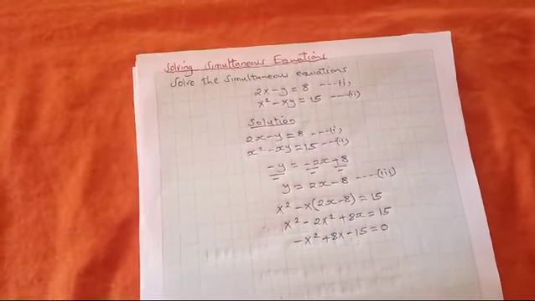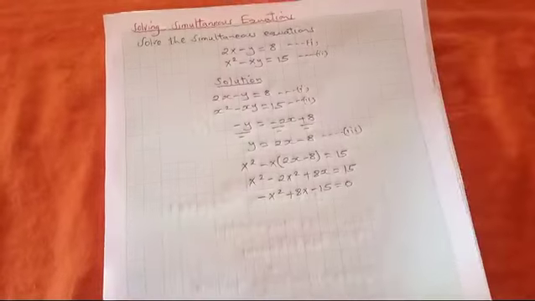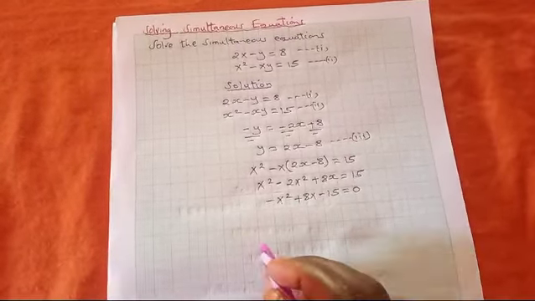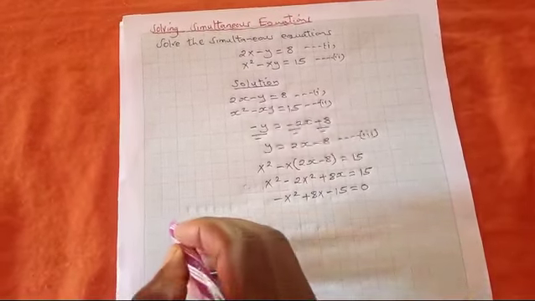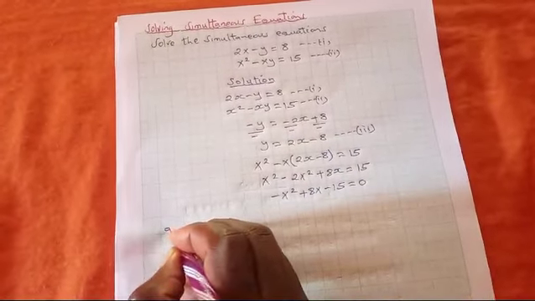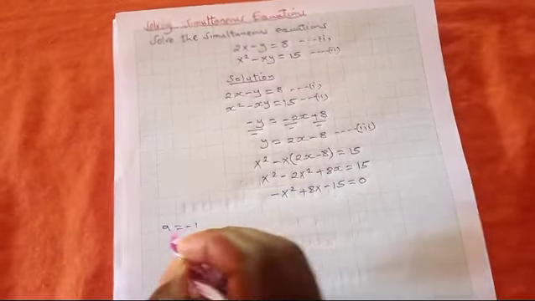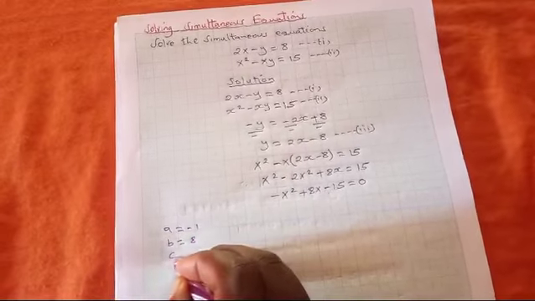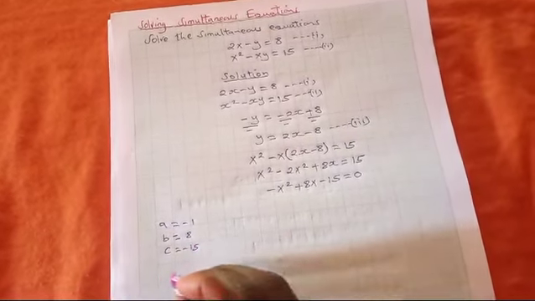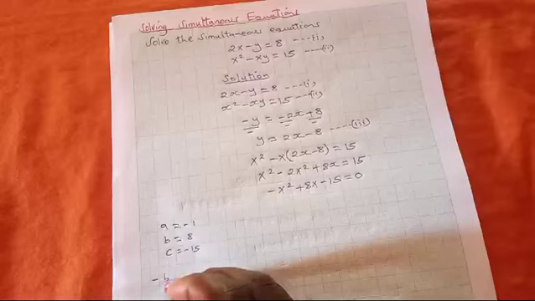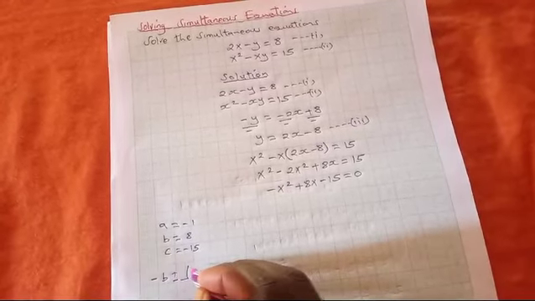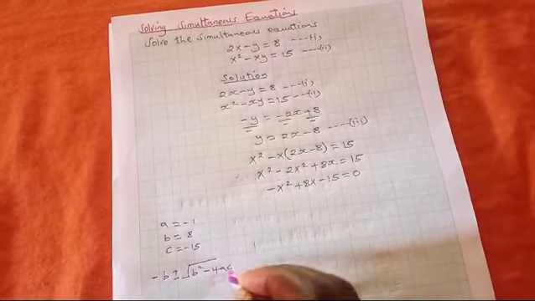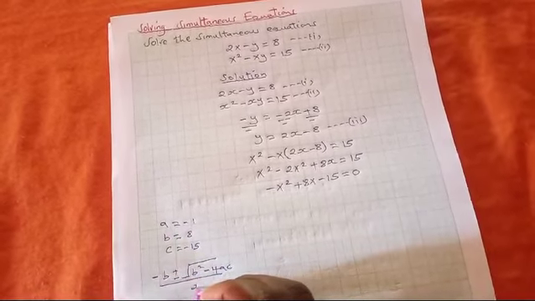We can use the quadratic formula that is in form 3 to work out the value for x by saying that our a is in fact negative 1, then b is 8, c is negative 15. The formula says minus b plus or minus the square root of b squared minus 4ac, we divide by 2a.